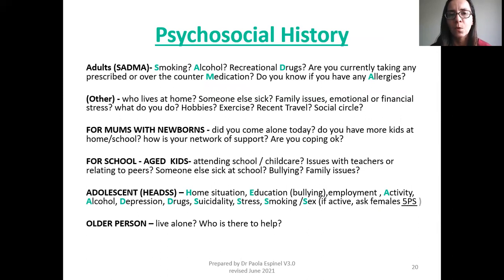Understand more about the social situation, who else is at home, what the stress factors are, if the moms are doing well with newborns, if they are coping, if the kid is being bullied at school, and for adolescents alcohol, depression, drugs, sex, and whether they are practicing safe sex. So it's a lot, but having a patient means that we want to look at the whole life. So it is good that we cover this part.